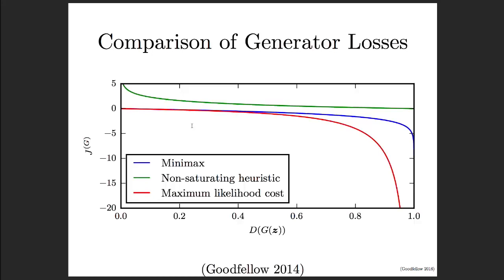Then if we move downward in the series of plots, the blue curve, the minimax curve, is the one that we originally used to design this model framework, and the one that's the easiest to analyze using the minimax theorem. This curve is relatively flat most of the way across and starts to curve down gently as the samples become more realistic. And then finally, the maximum likelihood cost, which has the negation of an exponential function in it, is very flat on the left side, but then shoots off exponentially downward as we get very far to the right.